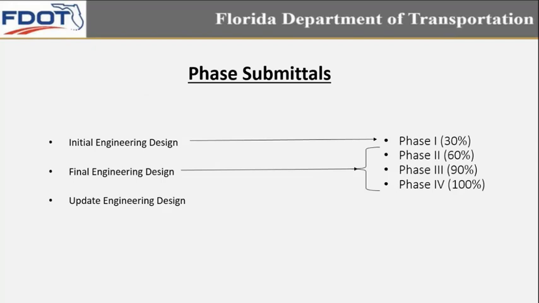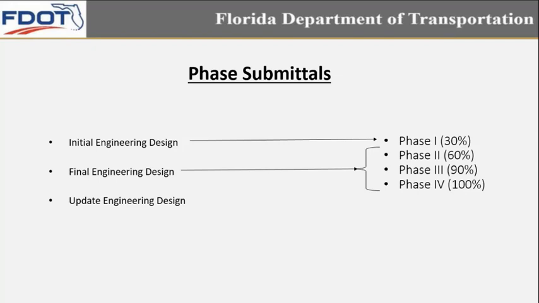Okay, now moving on to phase submittals. As we spoke about earlier, the PPM outlines three critical areas to monitor in terms of quality control. And as we spoke, it's a good idea to break up your QC plan into those three areas: initial engineering, final engineering design, and updated engineering design. But of course, on a day-to-day basis, we often don't hear those terms.